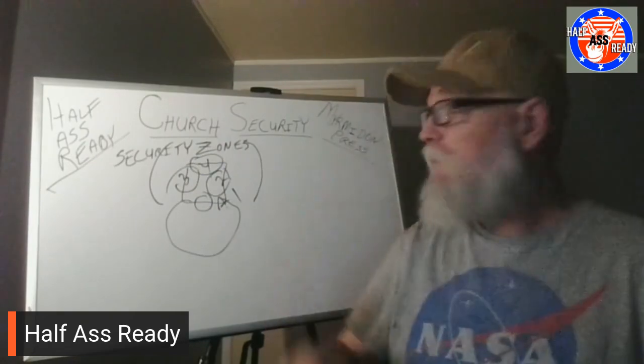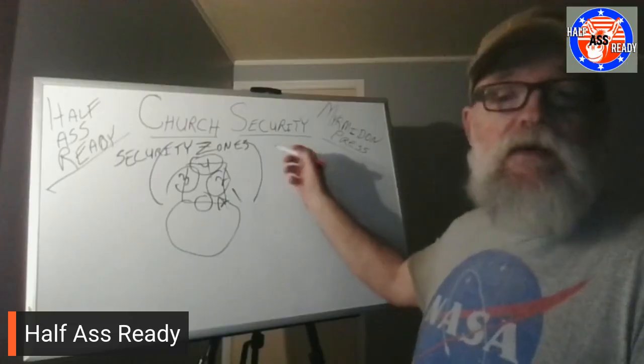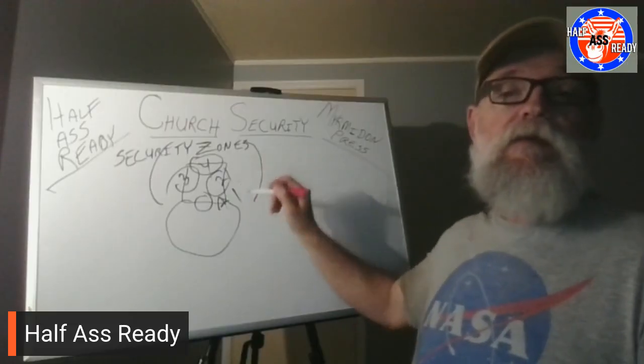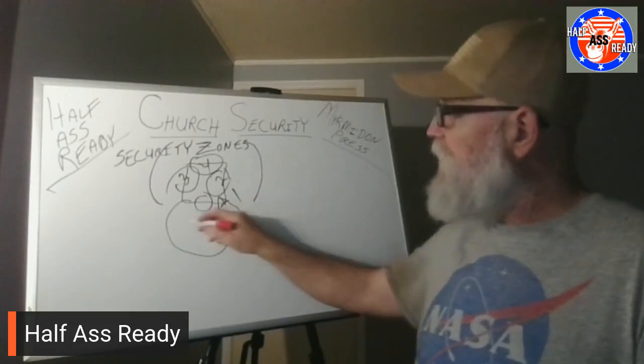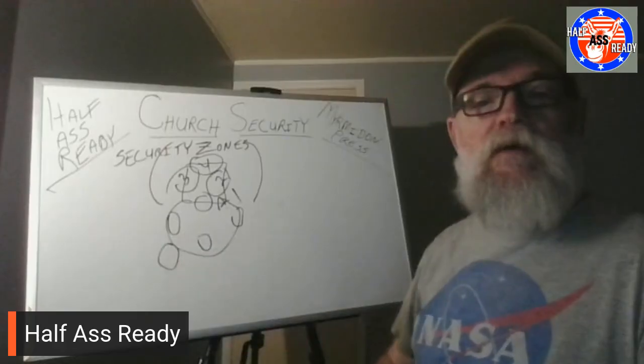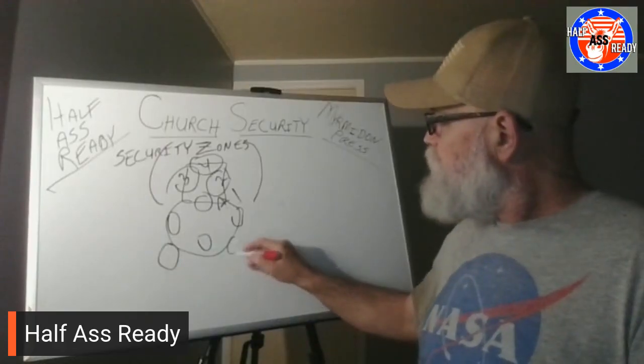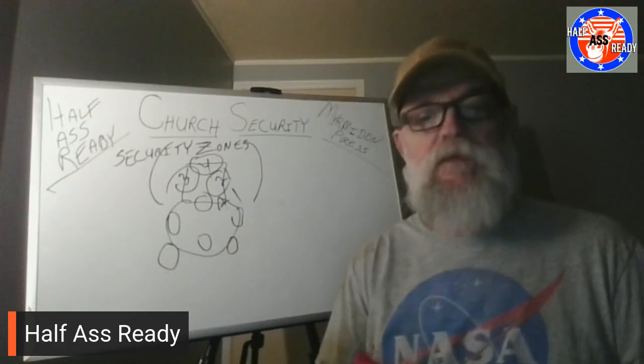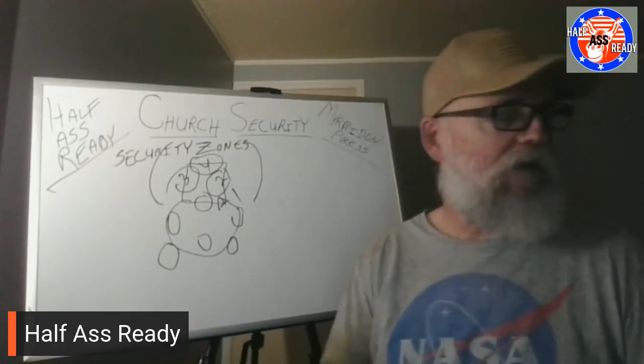So they became zone 3, right? Priority 3. And then, so you set up these zones in the parking lot, the weak spot, entry points into the parking lot, those sorts of things. Then you make these assessments, okay?